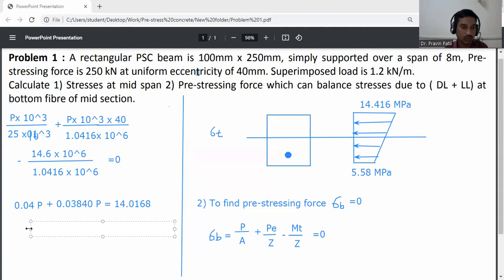So just do the addition: 0.04 plus 0.0384, it will be 0.0784 P is equal to 14.0168. From this relation, the pre-stressing force P is equal to 14.0168 divided by 0.0784. So it will be 178.78.